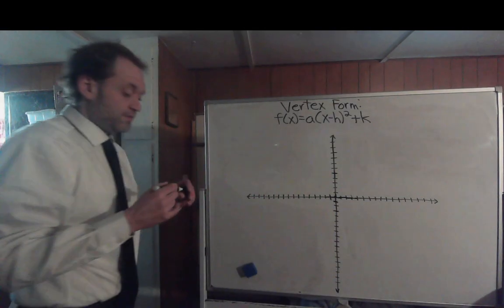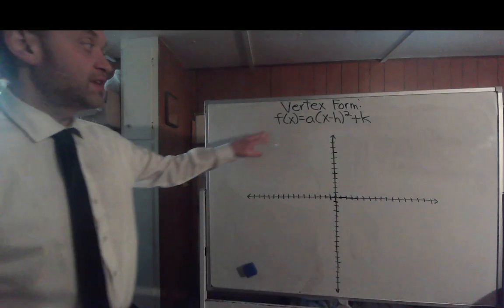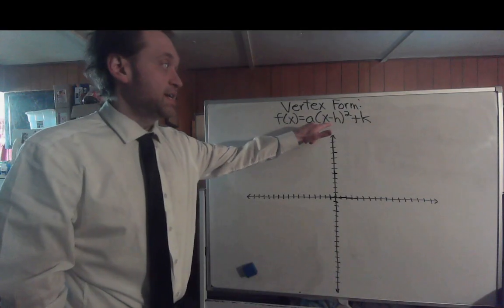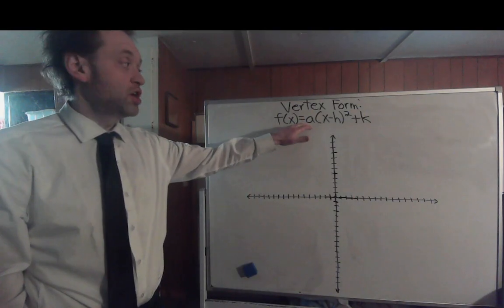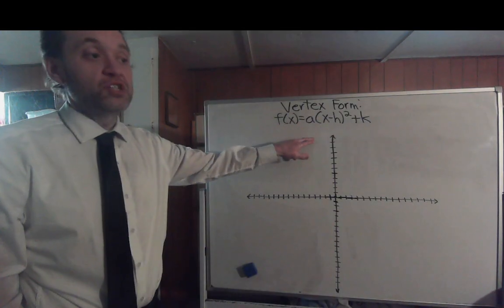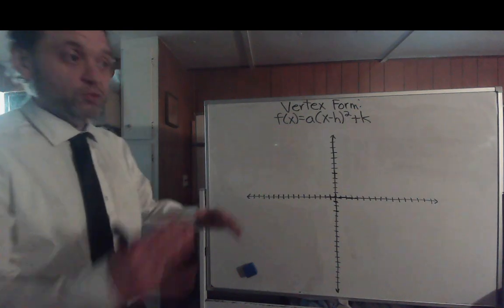Alright, so you have the vertex form of a quadratic equation where you have f of x equals a times a quantity of x minus h squared plus k. So that a is still your coefficient that indicates whether the parabola is going to open upward or downward. If the a is positive, the parabola opens upward.